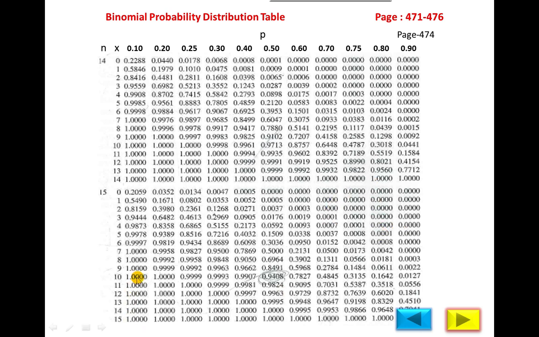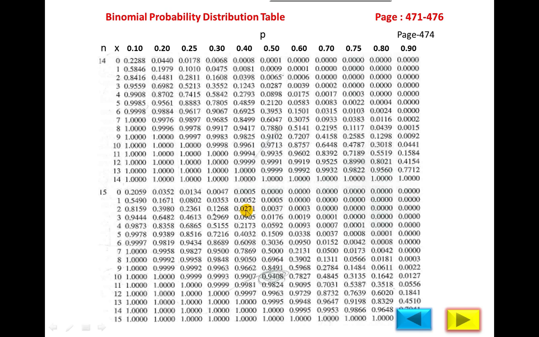Suppose these values are not given, but it is understood that the maximum probability is 1 and the minimum is 0. In your book these values are not given, 0, 0, 0 again and again, and 1, 1, 1 is not given again and again. And this value, when n is 15, p is 0.4, x is equal to 2, this is the probability from 0 to 2, not only 2.